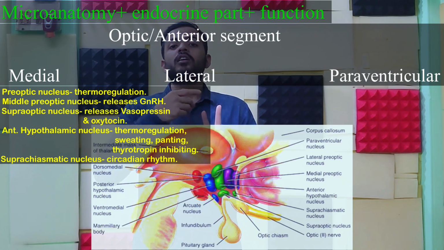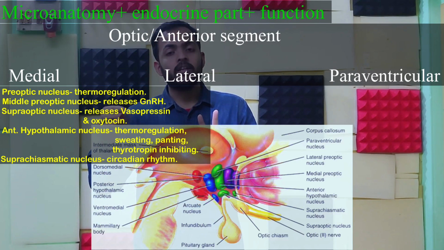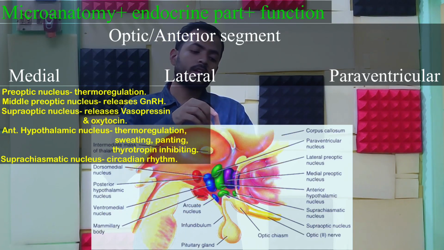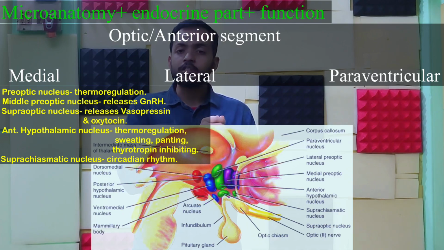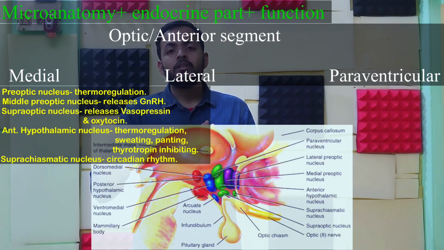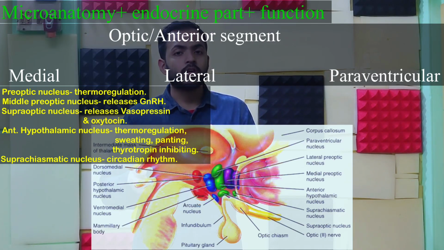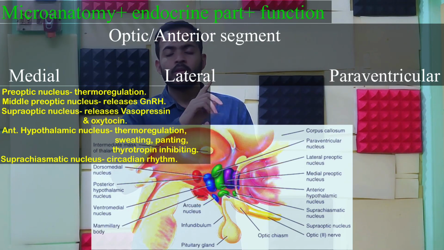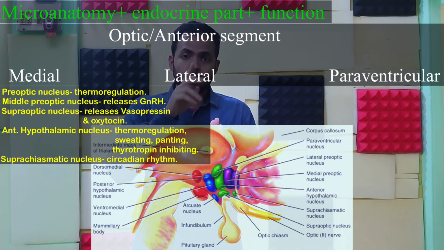This nucleus releases gonadotropin releasing hormone, and this hormone triggers the pituitary gland. Third, you will get the supraoptic nucleus. This nucleus releases vasopressin and oxytocin according to the body's situation. I talked about these things in my last video. What the conditions are, I will talk about later, not now. So remember these things.